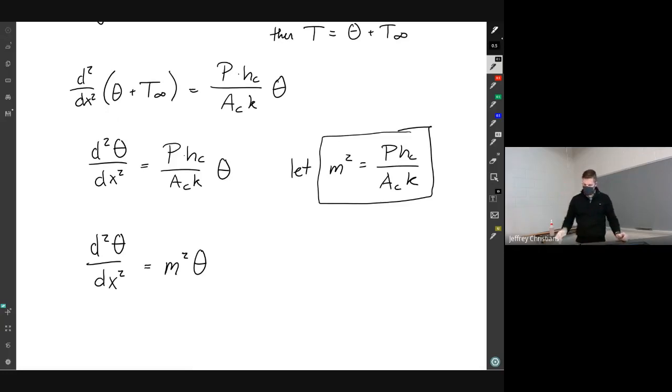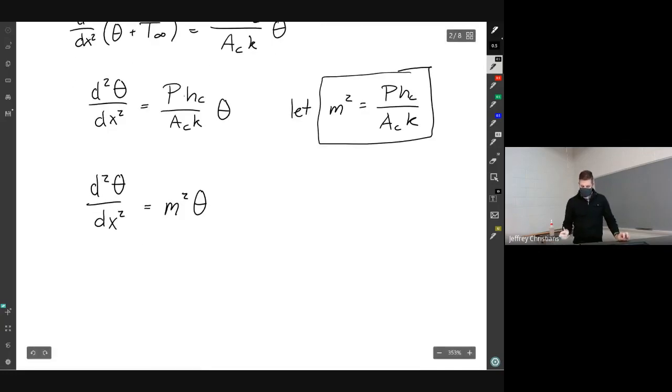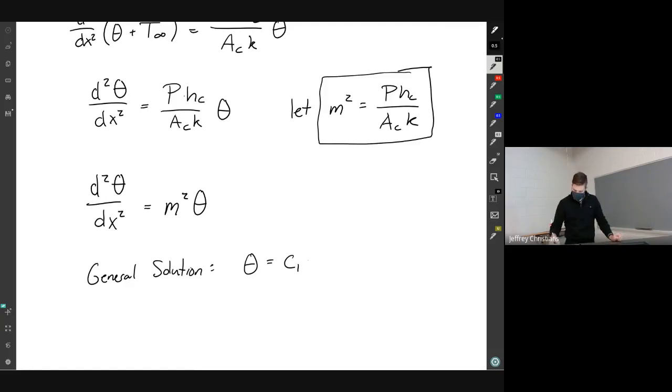So the general solution to this would be theta equals, with constants in front, an exponential: c1 e to the mx plus c2 e to the minus mx.